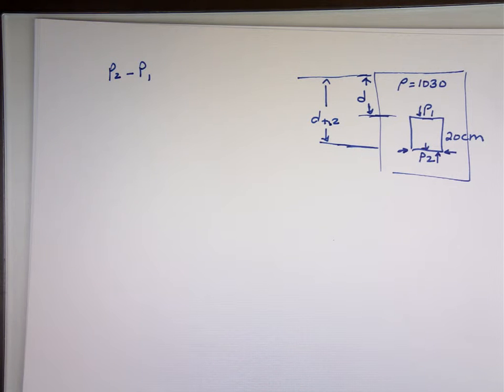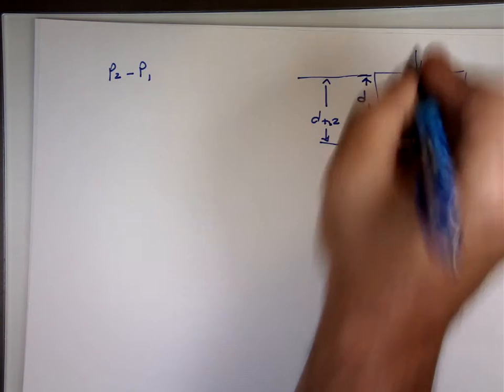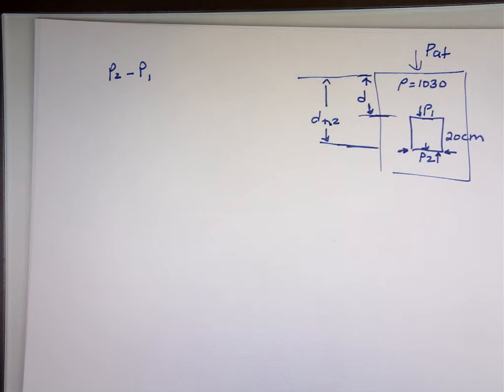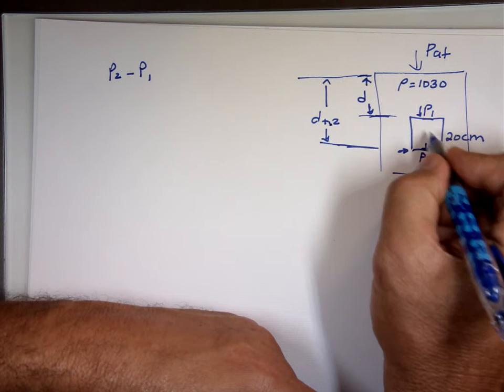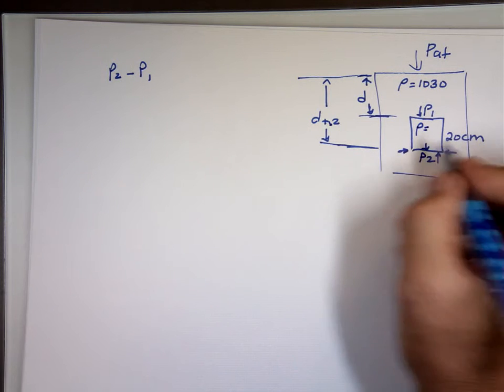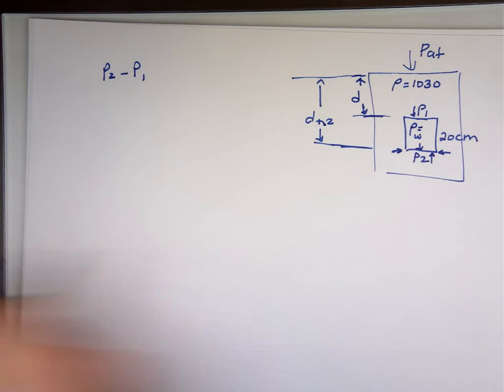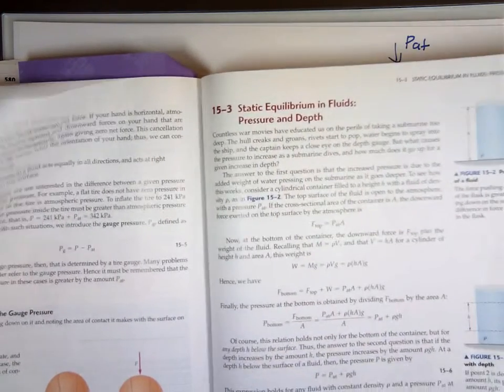And I'm looking for the difference in P2 and P1. Again, there is atmospheric pressure pushing on the ocean there. And let's assume this is made out of wood, because I need to know what rho for wood is here. Rho W. What kind of wood?